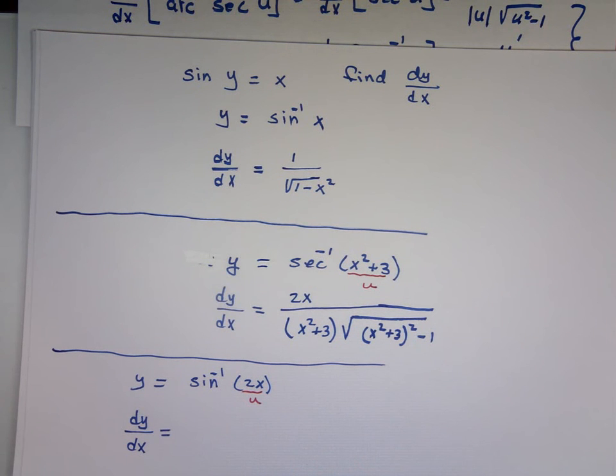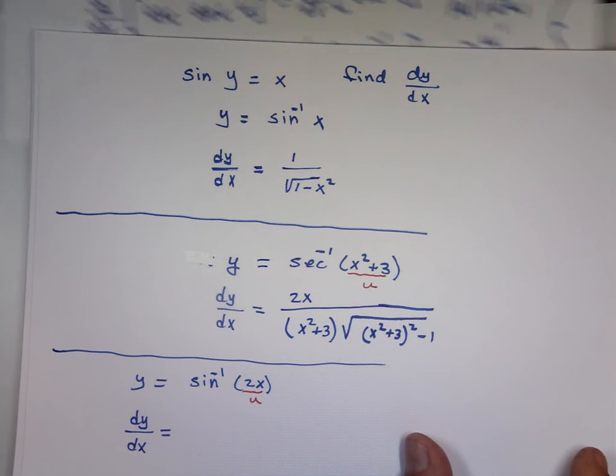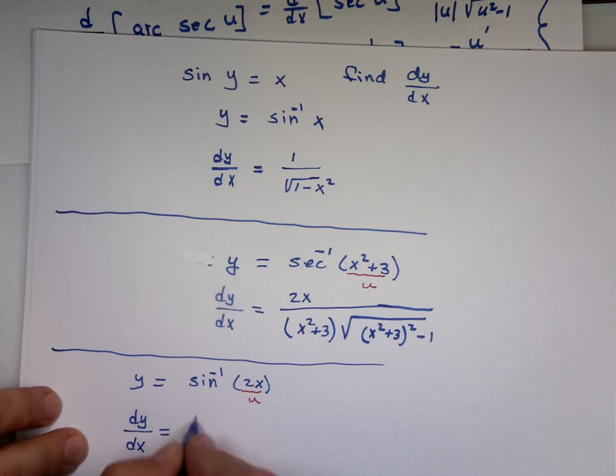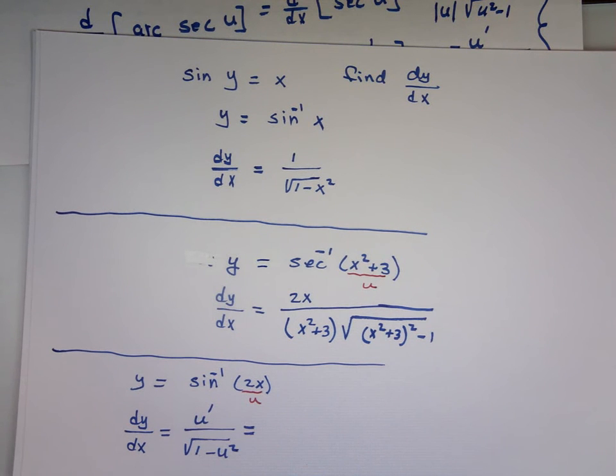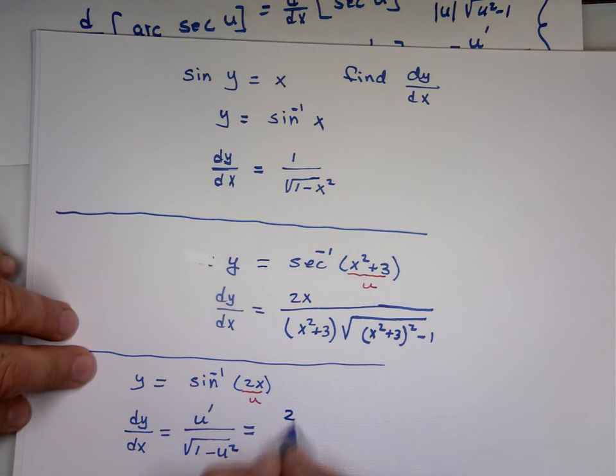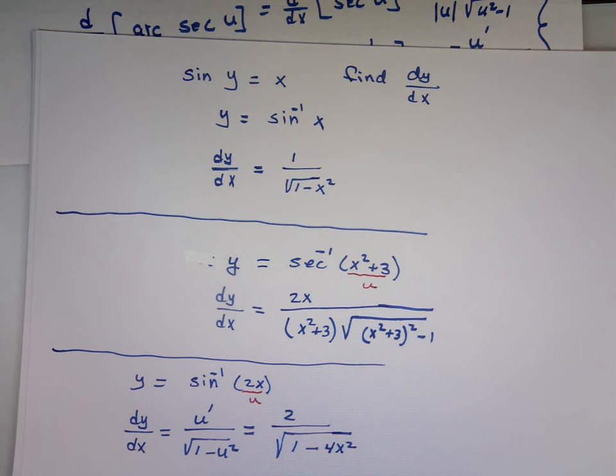So let's look at the sine. It says u prime over the square root of 1 minus u squared. What's the derivative of 2x? 2 over the square root of 1 minus, when you take 2x and square it, what are you going to have? Is it 4x squared? Done.